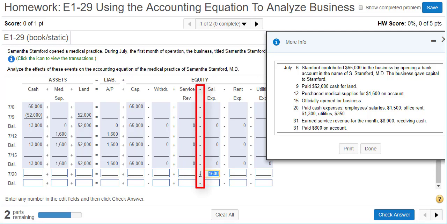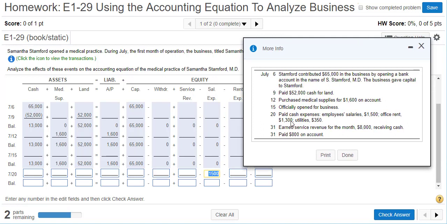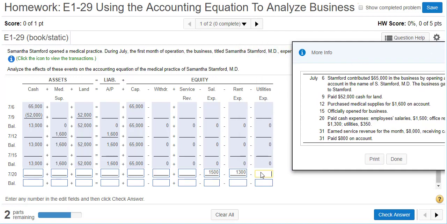So don't put another negative, because a negative and a negative would be a positive. So all these expenses, whenever we have them, already have a negative in there, so leave it as $1,500 in the box. Now we've got rent expense. Office rent of $1,300. And we've got utilities of $350. And I think this last column, yep, utilities expense.